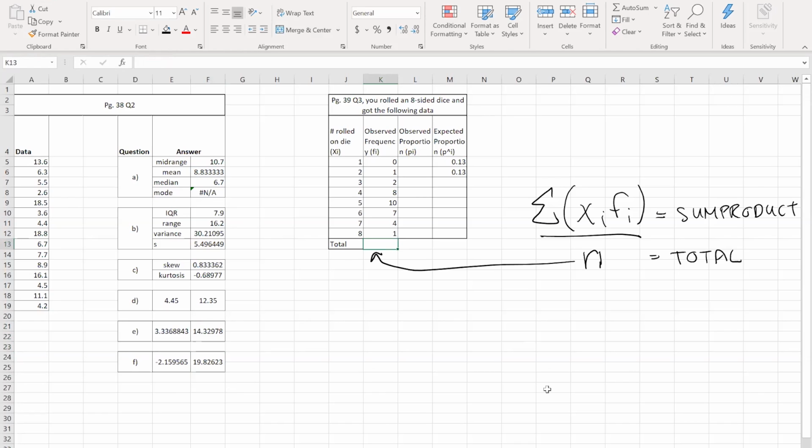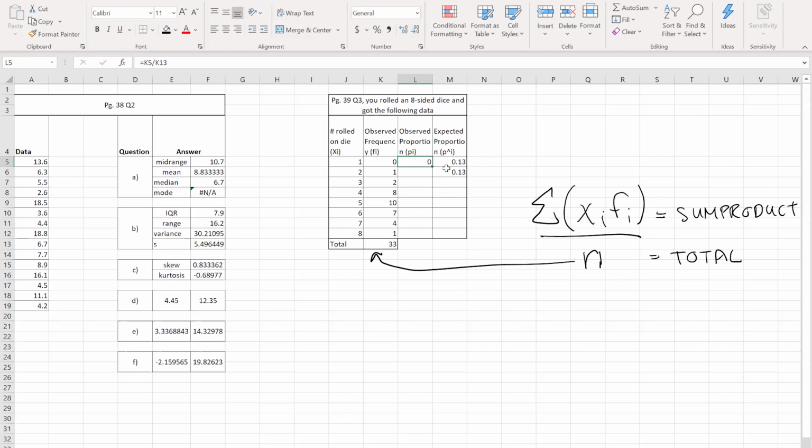Over here, we first want to calculate the total using the sum function. So there were 33 total observations, so our sample size is 33. Our observed proportion is equal to the observed frequency, Fi, divided by our total.